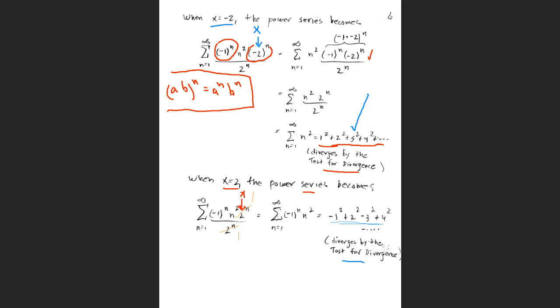So our interval of convergence, and I'll show it on the next page, is going to be the open interval from negative 2 to 2. The endpoints are not included here.